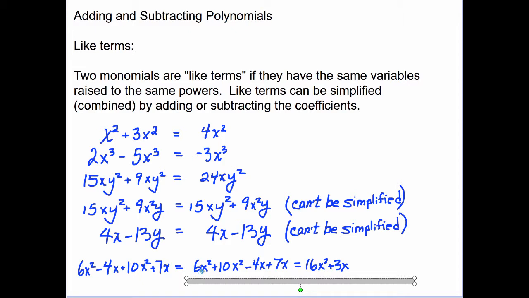So here we have 6x squared plus 10x squared, and what's left is minus 4x plus 7x. And this simplifies to, well, 6 plus 10 is 16, so that's 16x squared. Negative 4 plus 7 is 3, so that's 3x.